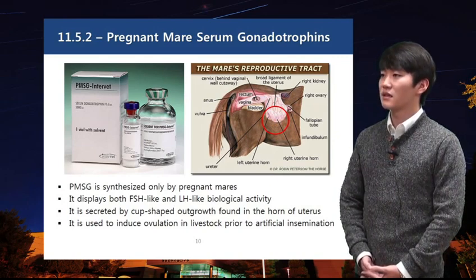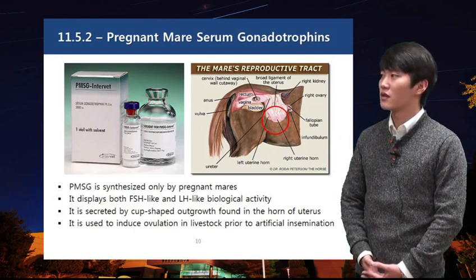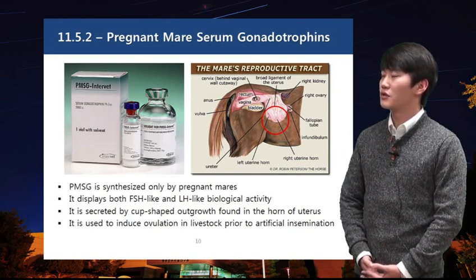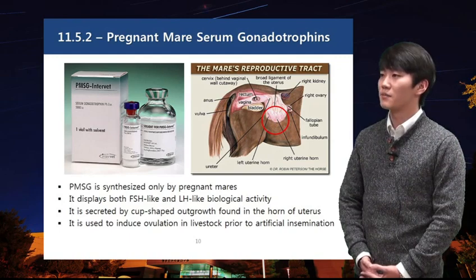They synthesize high levels of PMSG and secrete it into the blood, where it is detectable between days 40 and 130 of gestation. The hormone is commonly used to induce ovulation in livestock prior to artificial insemination.